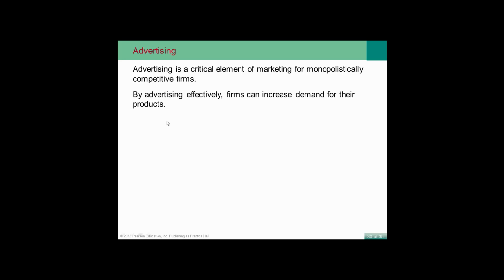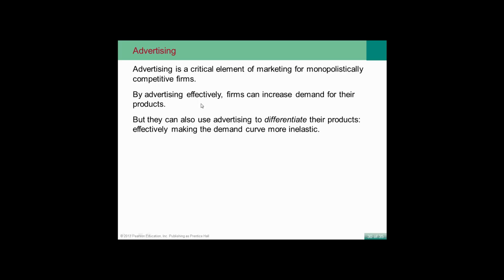So interesting. Advertising is a critical element of marketing for monopolistically competitive firms. By advertising effectively, firms can increase demand for their product. But they can also use advertising to differentiate their product. One of the things we talk about is how do we differentiate ourselves from other colleges? How do we differentiate our MBA program from other MBAs?